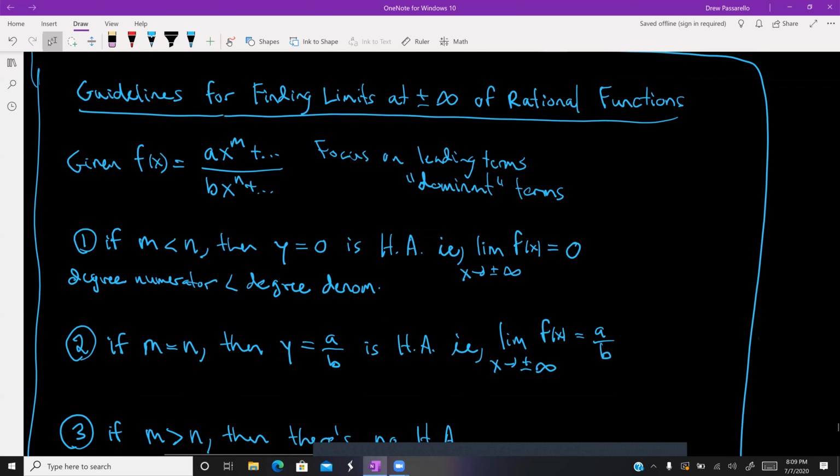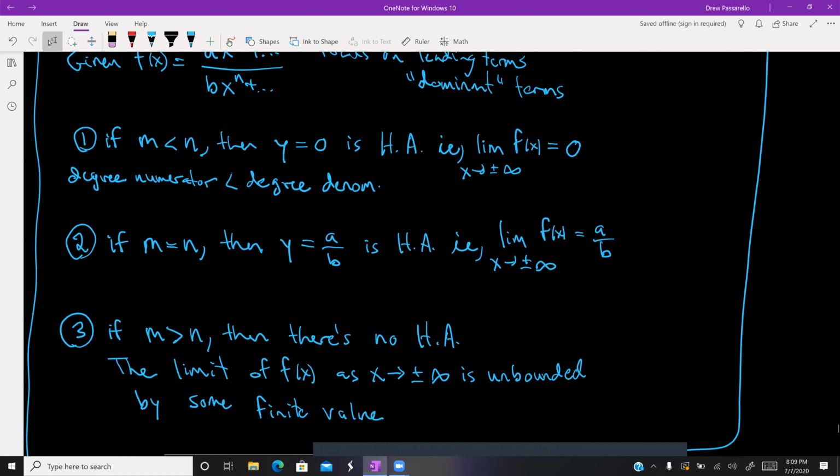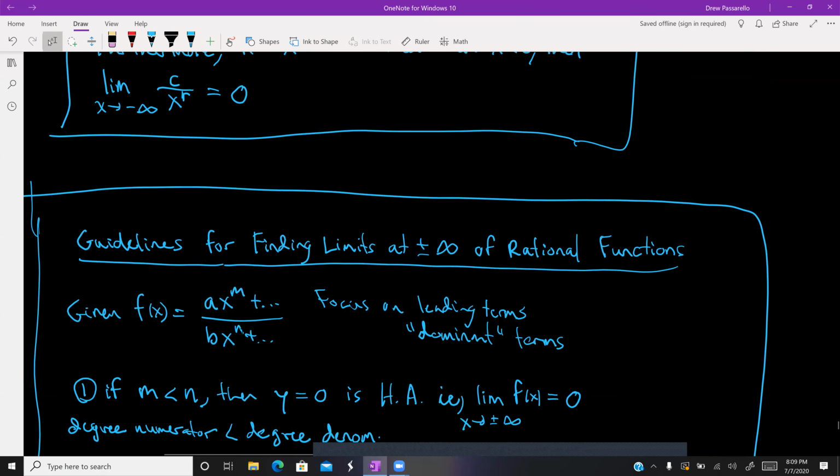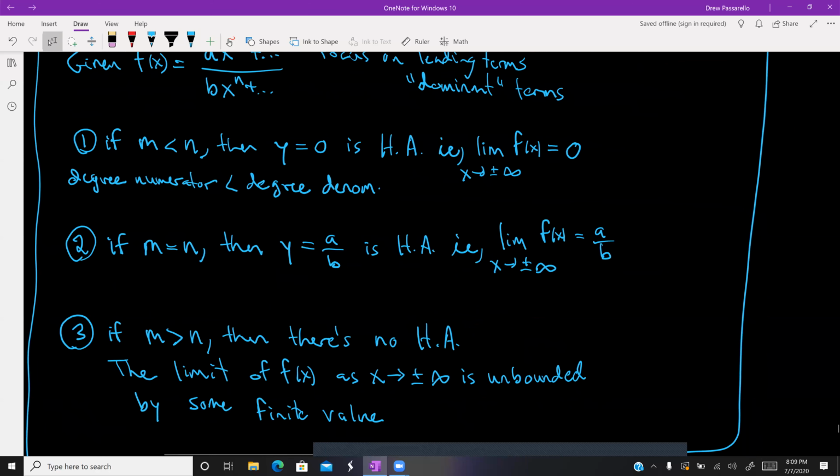Now if the degree in the numerator is more than the degree in the denominator, so m is bigger than n, then there's no horizontal asymptote. The limit of the function as x approaches infinity or negative infinity is unbounded by some finite value, so it could go to positive infinity or negative infinity. So that's an infinite limit that goes to infinity or negative infinity for this third case. And again, this is degree of numerator bigger than the degree of the denominator.